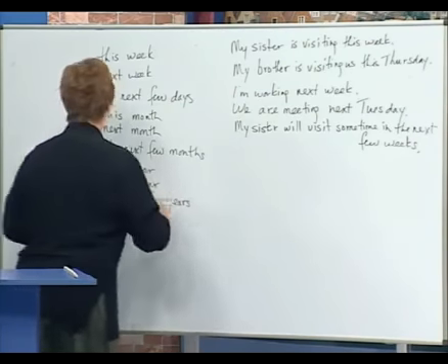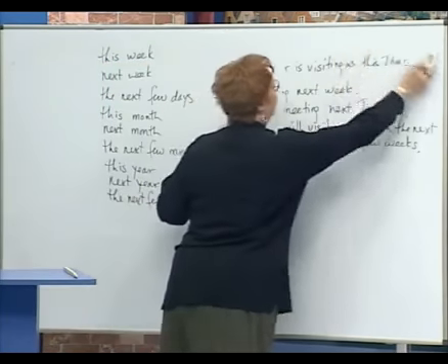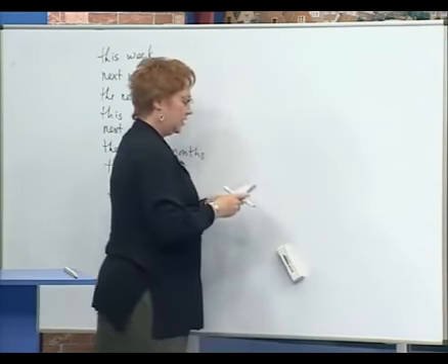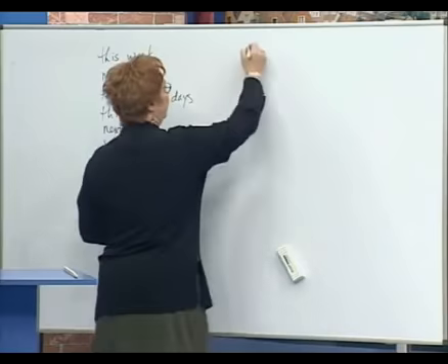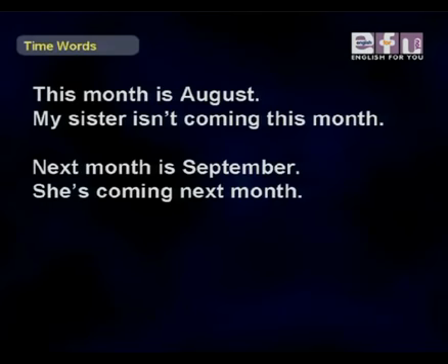Now, let me make some room and I'll show you some more examples. First of all, we're talking about months. So we can say, this month is August. My sister isn't coming this month. Next month is September.